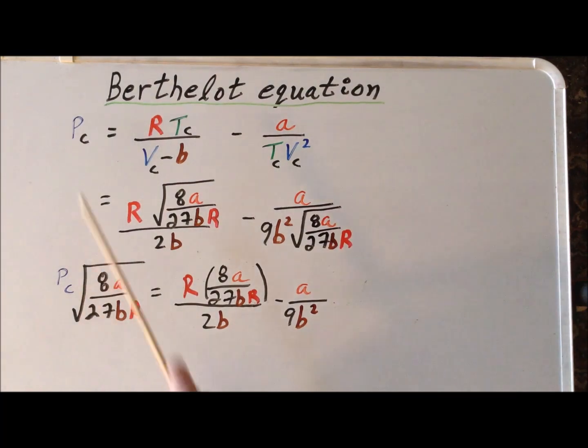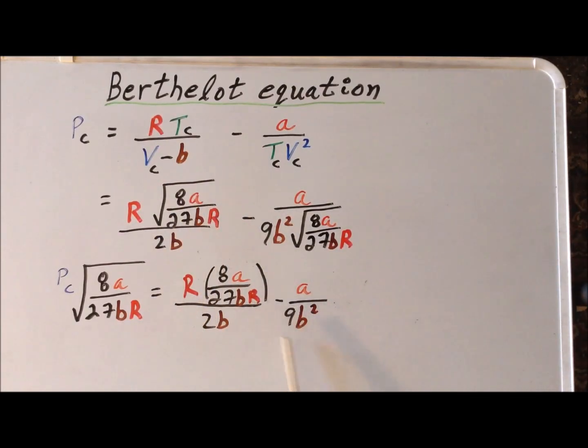Now we multiply each side of our equation by this square root of 8a over 27br. And the advantage of this is it now removes this particular expression from the denominator. And as well, since we multiply the square root times the square root, we've removed the radical sign.